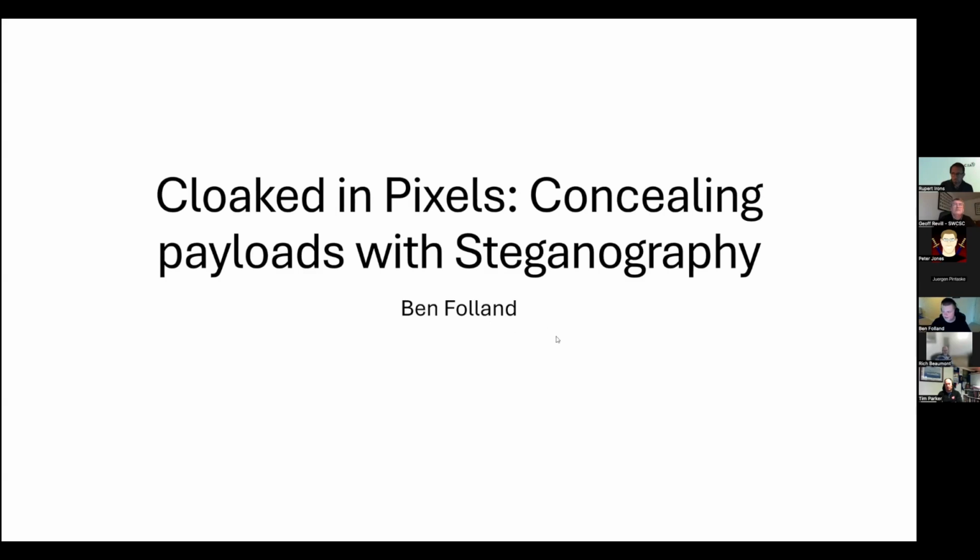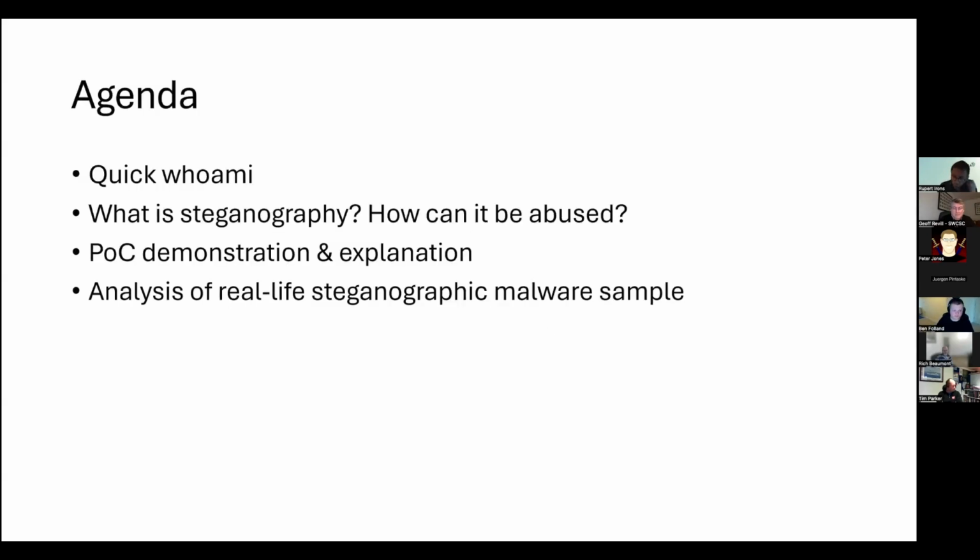So I'm going to give a quick agenda of what this talk is going to entail. I'm going to start with an obligatory who am I, an introduction to myself and how I got to where I am right now. I'm then going to introduce the concept of steganography. I'm going to highlight a few cases in history where it's been abused or used to achieve some objective.